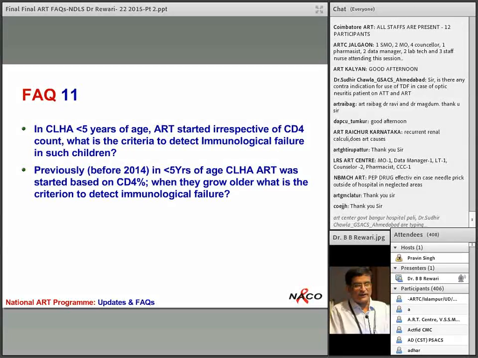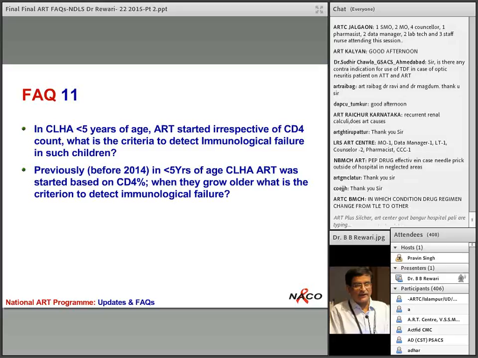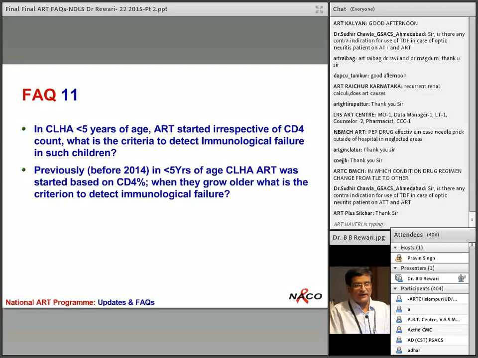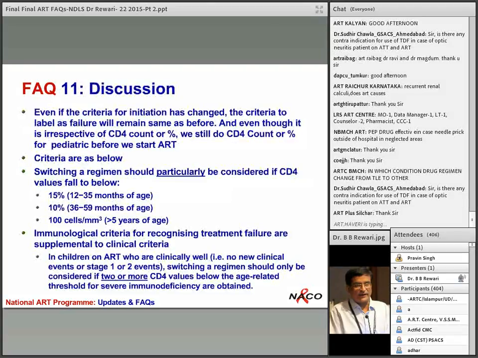Again, for children less than 5 years, ART is initiated irrespective of CD4 count. What is the criteria to detect immunological failure? Previously it was based on CD4 percentage, but when they grow older, what is the criteria to detect failure? Even if the criteria for initiation has changed, let us be very clear, the criteria for labeling them as failure remains the same.